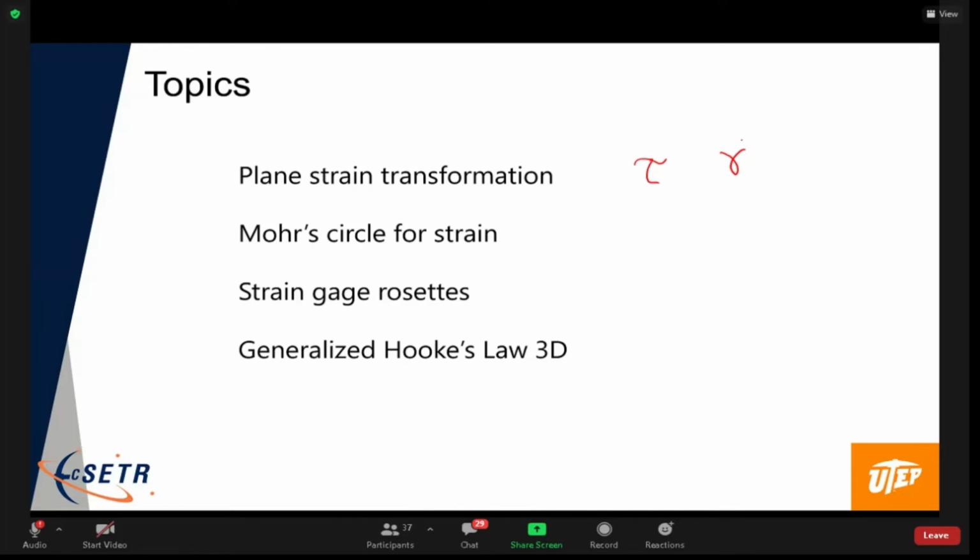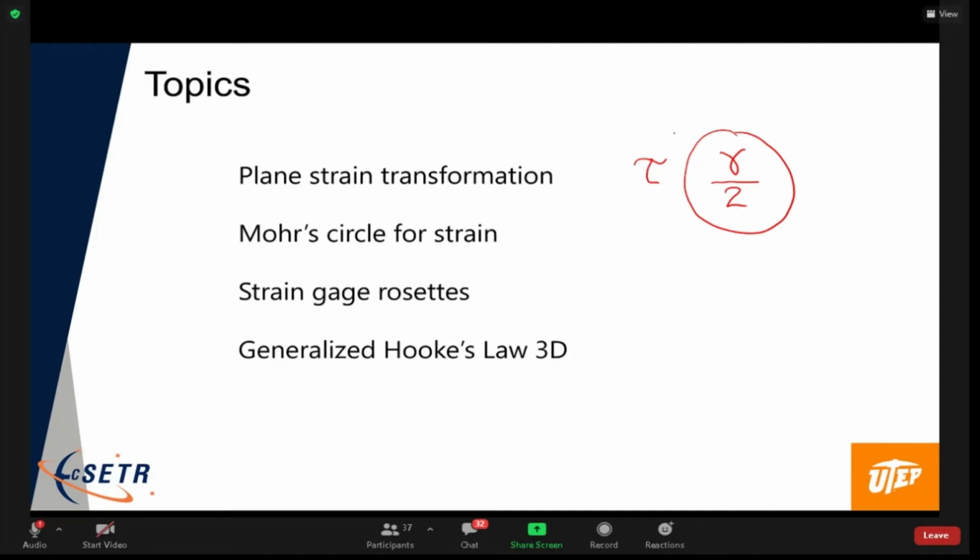But this is kind of a weird thing. Mathematically, the correct concept from a tensorial standpoint for strain is actually gamma over 2. So everything will look the same except all the shear components will have a 2 division, and that's going to be with the explicit equations and Mohr circle.